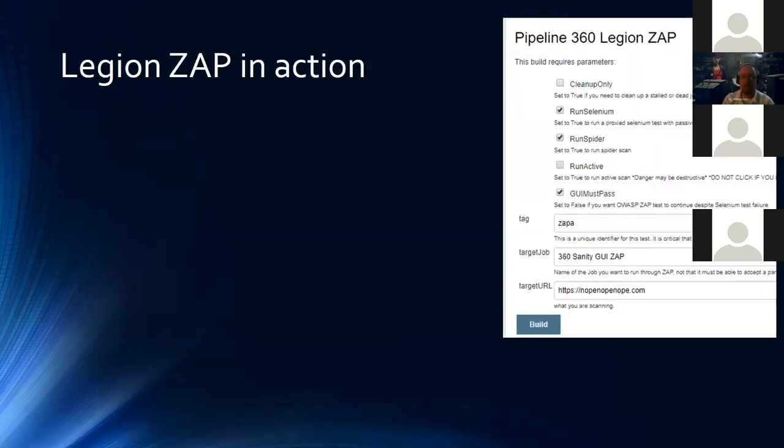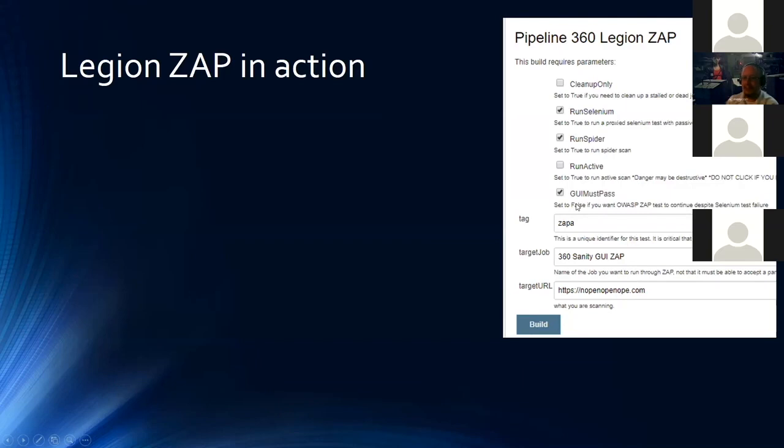So I'm going to go through what happens when the person actually wants to run it. They're going to see a Jenkins page, almost exactly like this in every case, where you can see the different sorts of runs: the Selenium, passive test, run spider, run active. This part here is in case of flaky tests.